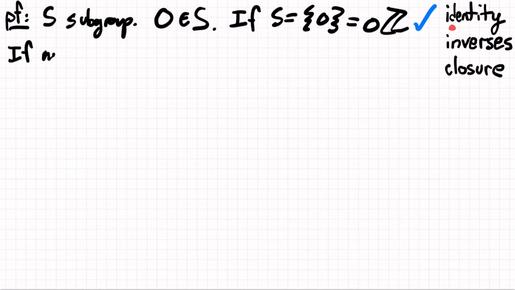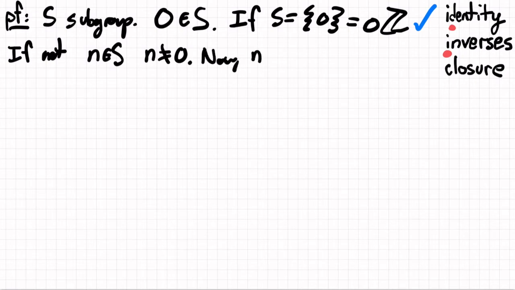If not, there's some n in S which is not equal to 0. So now, by the inverses axiom, both n and minus n are in S. Minus n is also in S.